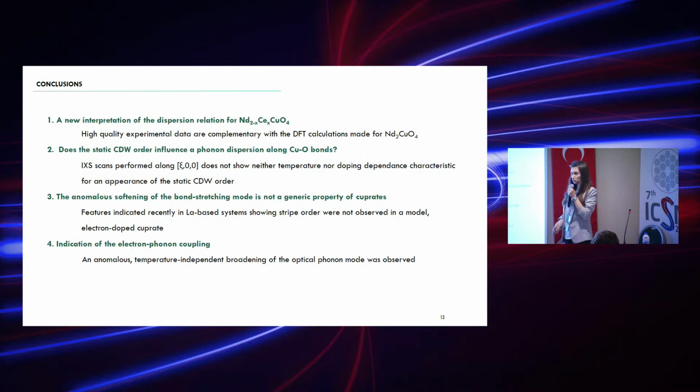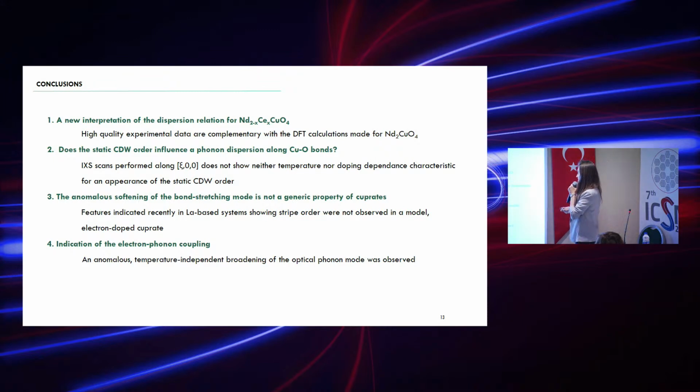So to summarize my presentation, I've presented a new interpretation of the dispersion relation for the model electron-doped cuprate NCCO, and our interpretation agrees quite well with DFT calculations. I'm also saying that the static charge density wave order does not influence the dispersion of phonon modes. There is no temperature nor doping dependence that is characteristic for a charge density wave order.